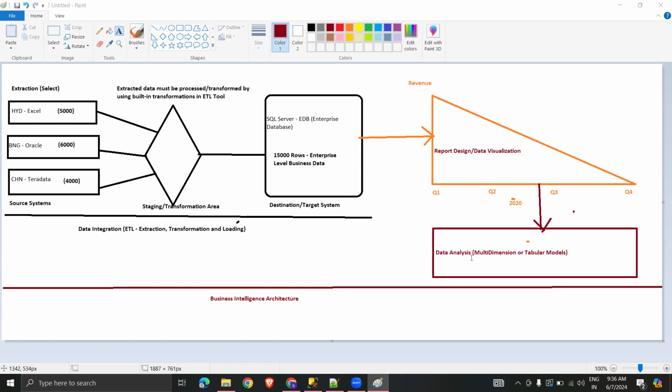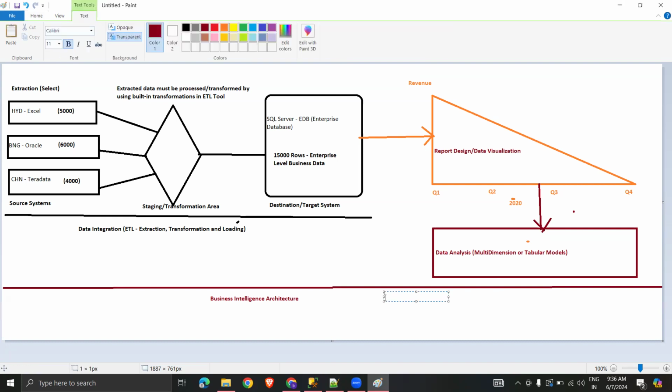So after thorough analysis, you will be in a position to take a better decision. That's the reason we call it DMS, Decision Making System, or else DSS, Decision Supporting System. This total system supports you in taking a better decision.